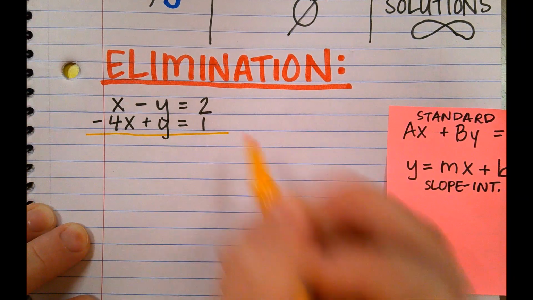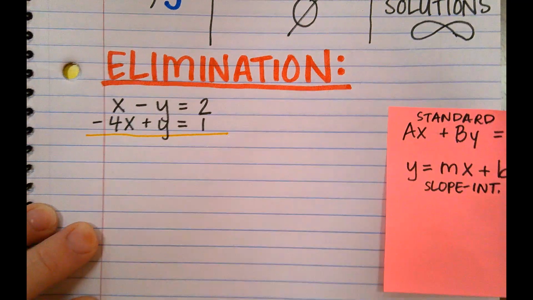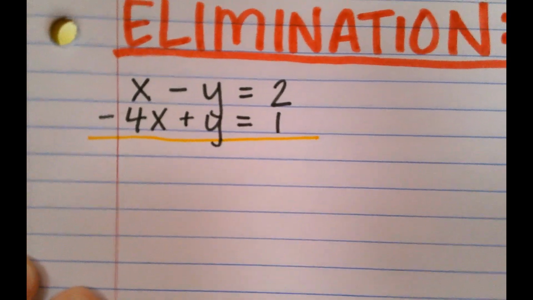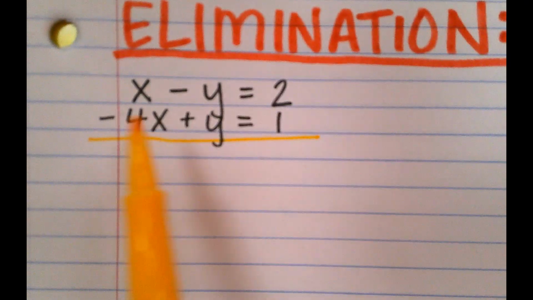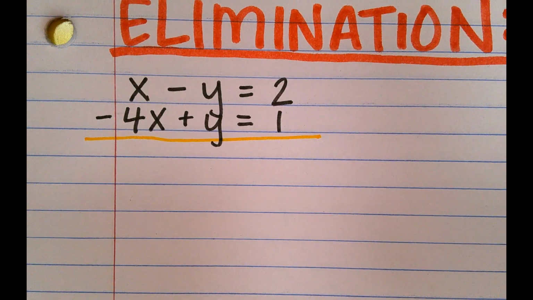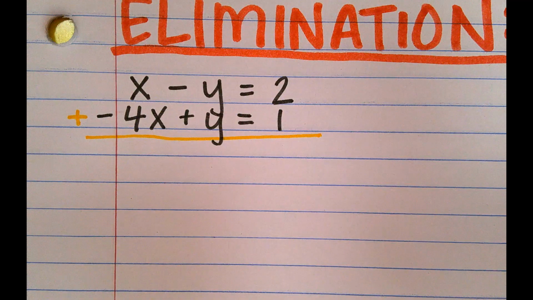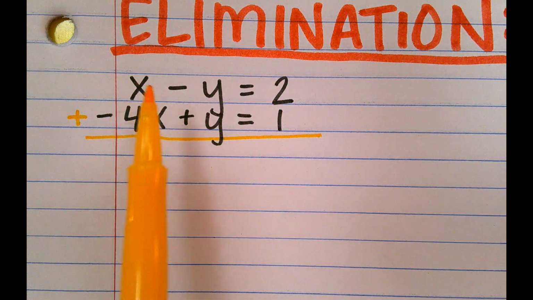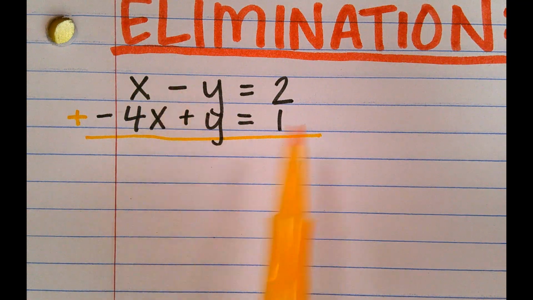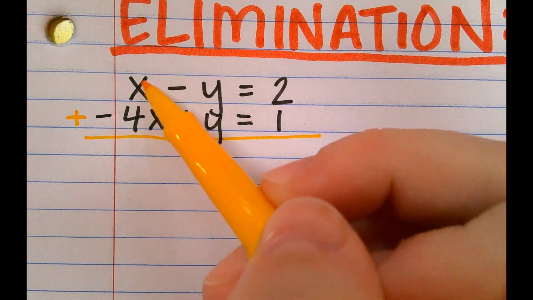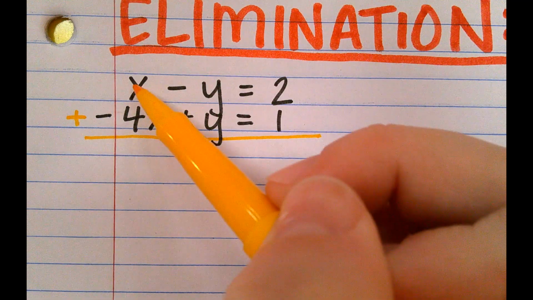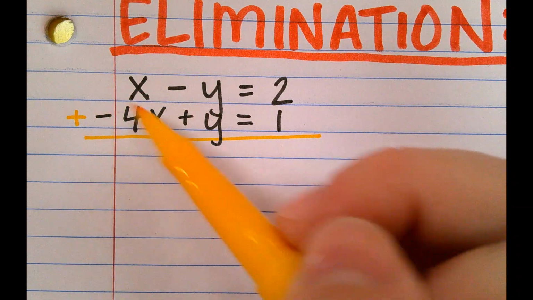Instead of moving anything around, I'm going to draw a line. I'm going to treat this like a big addition problem. I'm going to put a plus sign here. What if I go up and down on each term and I add everything together? Let's see what happens. If I look at my x's first, I have x plus negative 4x.